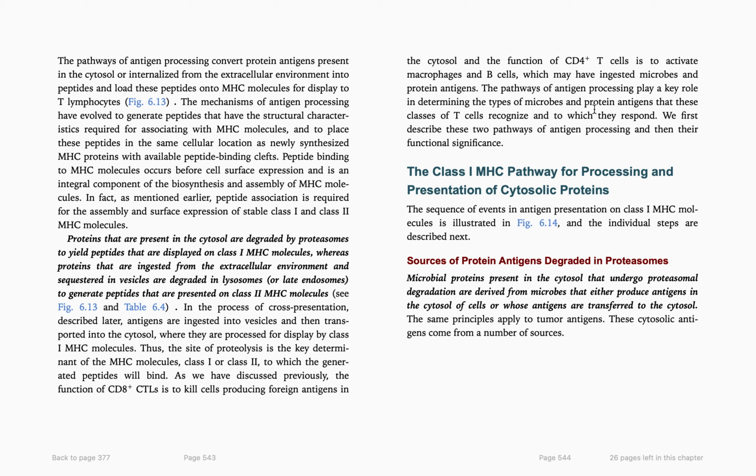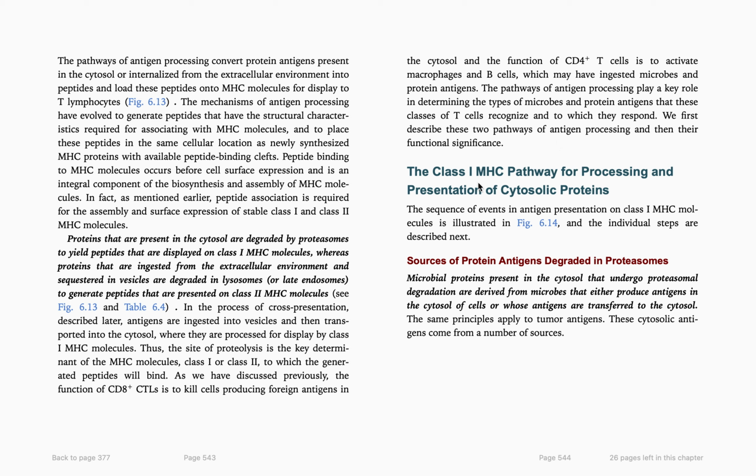The pathway for antigen processing plays a key role in determining the types of microbes and protein antigens that these classes of T cells recognize and to which they respond. We first describe these two pathways of antigen processing and then their functional significance.